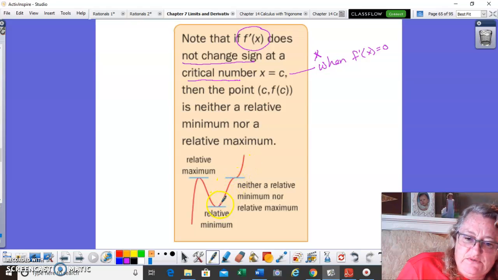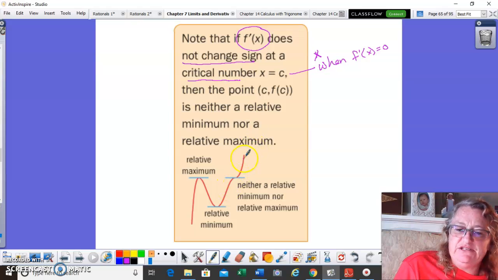It might look like this, but you'll see that this is still a positively sloped curve. This is a positively sloped curve, so it didn't change signs.